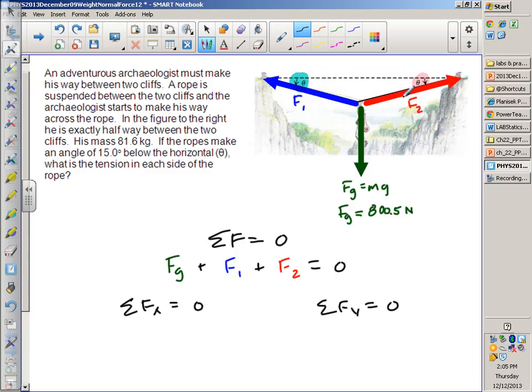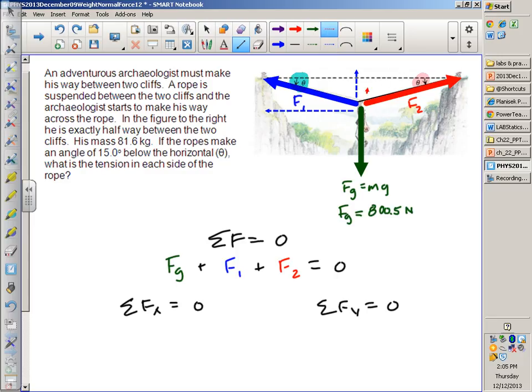F1 and F2, neither one of them is on the x-axis or the y-axis. And that means they have what? They have components, right? F1 has a component that goes this way, and a component that goes this way.